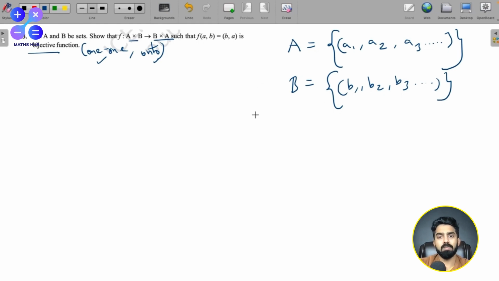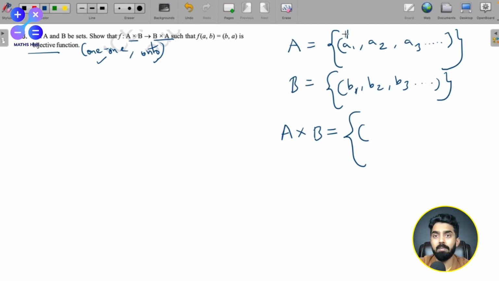Now A cross B, A times B is also okay, but A cross B is a better way to say it, is a set which has ordered pairs in correspondence with the positions of the elements of the sets themselves.